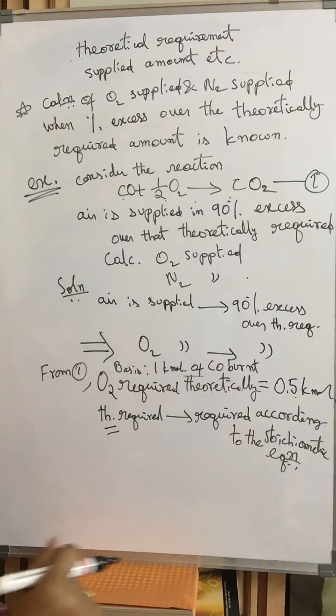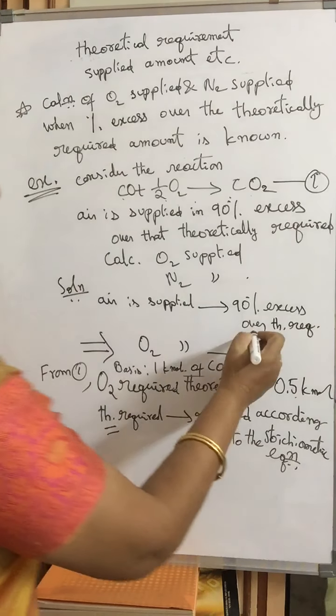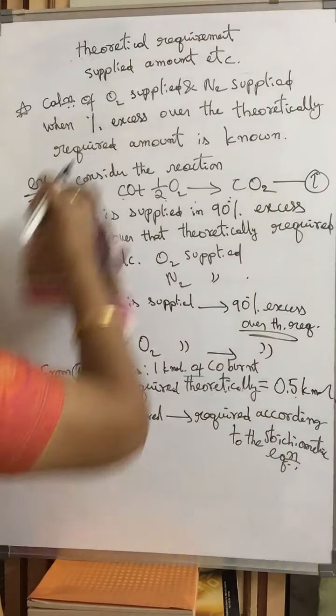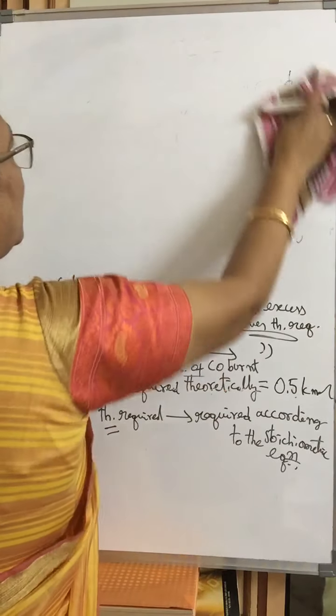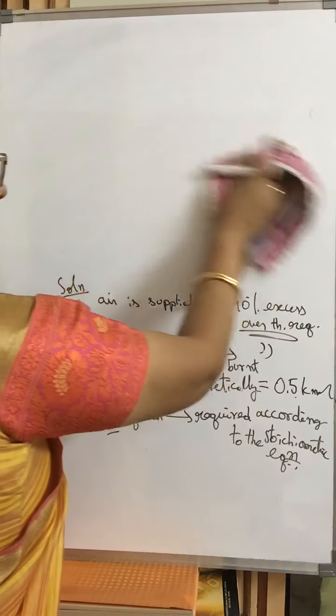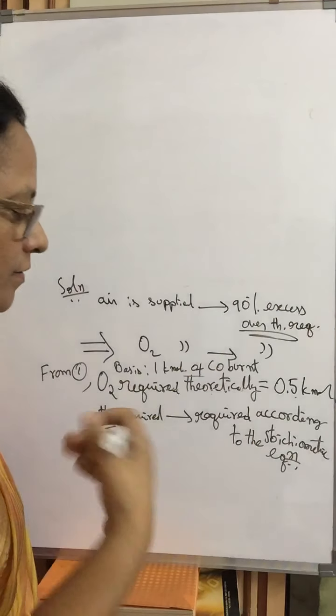But now how much is supplied? 90% excess is supplied. So now we will calculate the amount actually supplied.